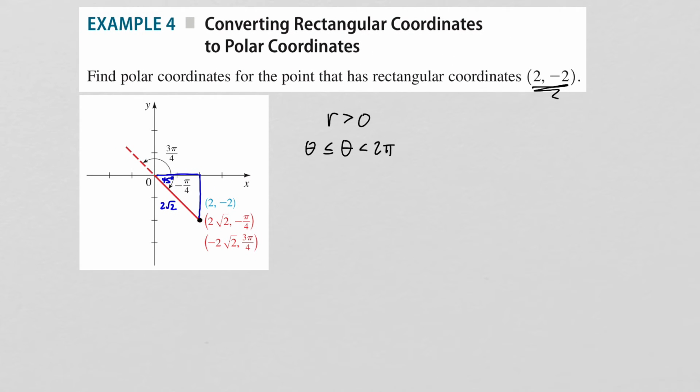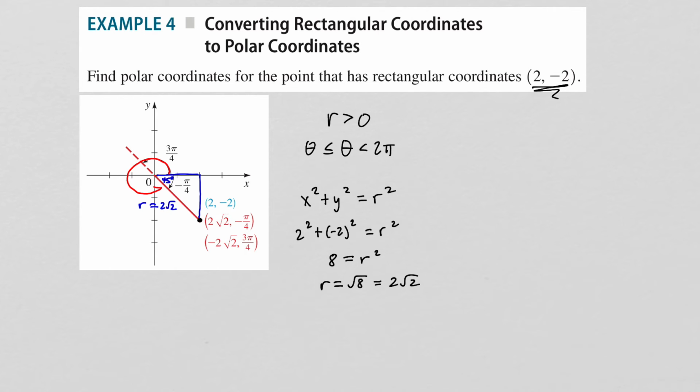Now, of course, you can use the formulas x squared plus y squared is equal to r squared. And then you can just plug these values in. And so this gives us 8 equals r squared, or r equals the square root of 8, which is 2 radical 2. So that's another way that we could figure out what r is. And then the angle, of course, the angle is just the angle from here to here.